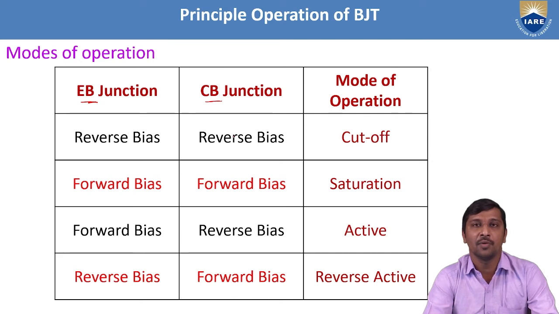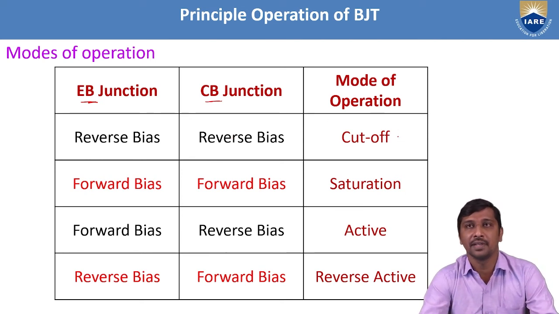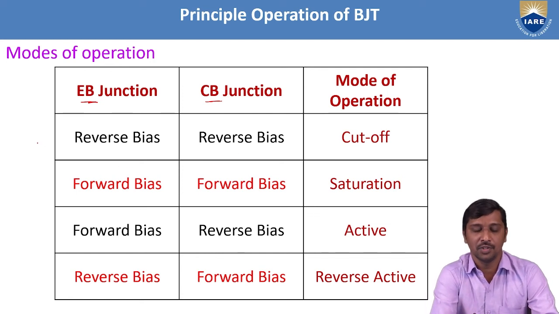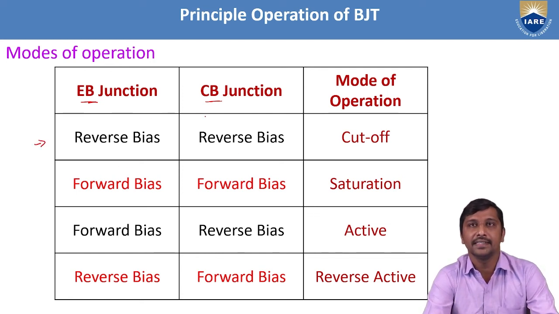Based on the biasing, we define four modes of operation. The first one: if both the junctions, the emitter base junction and the collector base junction, are reverse biased, that mode of operation is called cutoff.